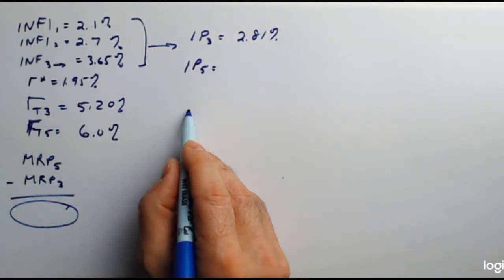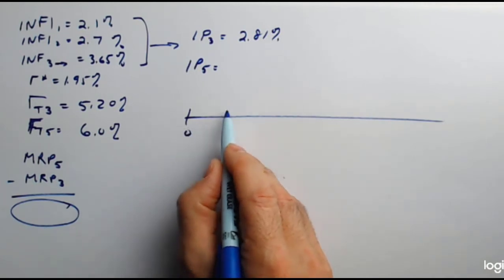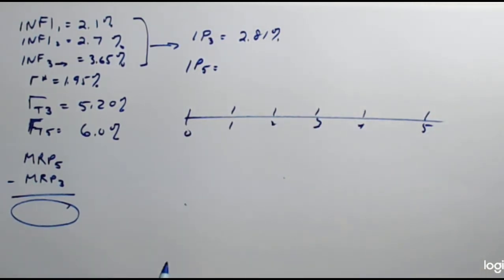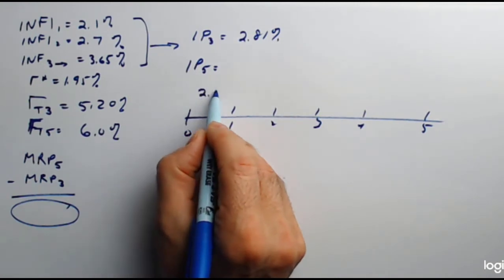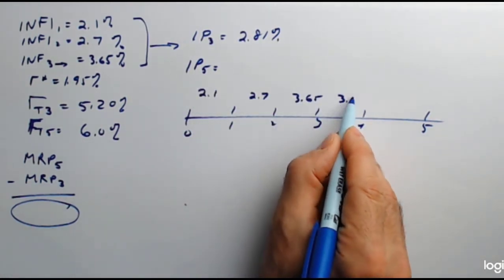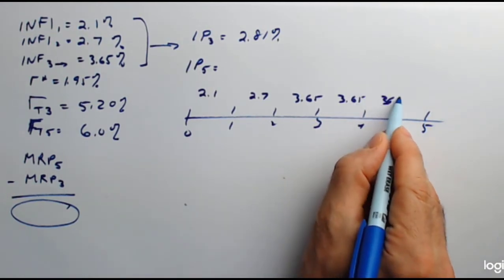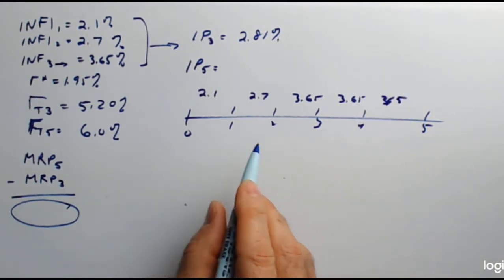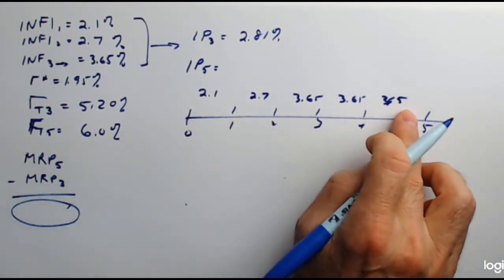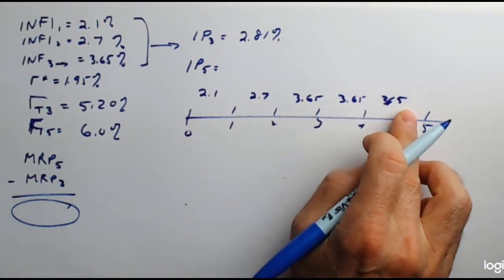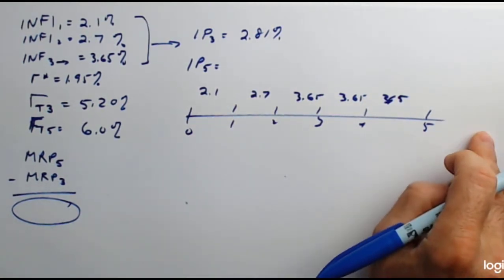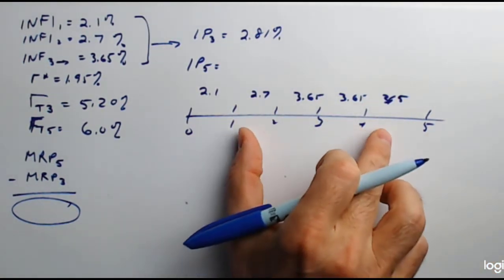Okay, well, let's do a little timeline here. Here we got 5 years. It's going to be 2.1% here, 2.7, 3.65, 3.65 here. And so it's going to be the average of this. So you could just literally add this up and divide by 5, but especially if you go out 30 years, for example, this is going to be a pain.